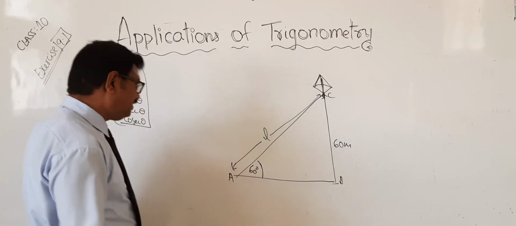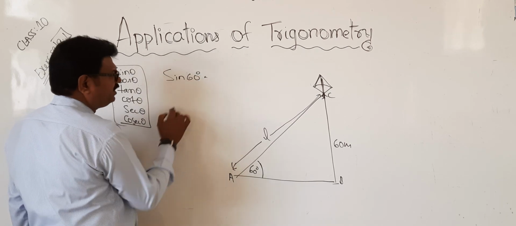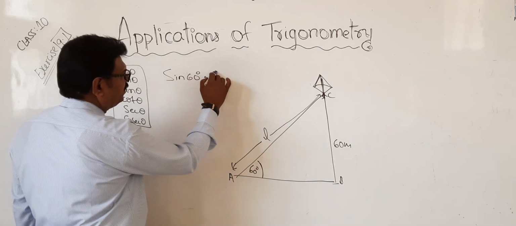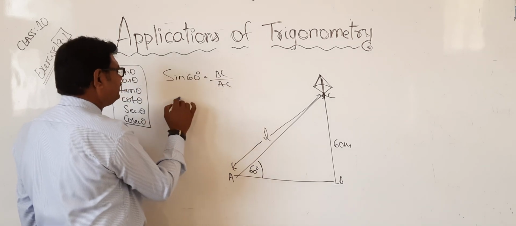Now you tell the ratio which includes the opposite side, hypotenuse and angle. Yes, it is sin 60. Sin 60 equals BC divided by AC. What is sin 60?